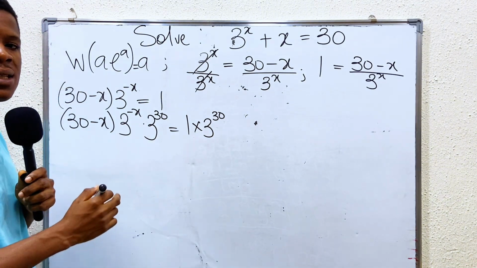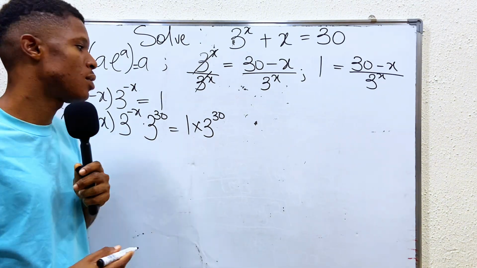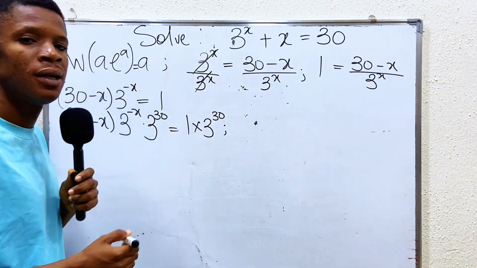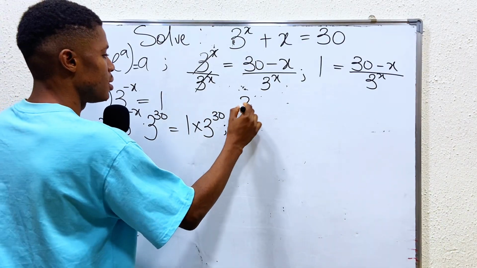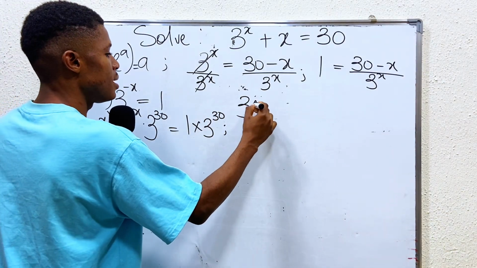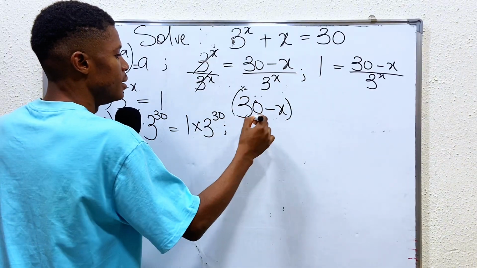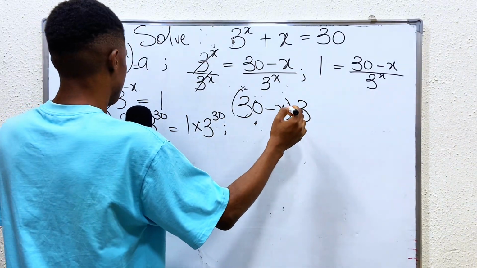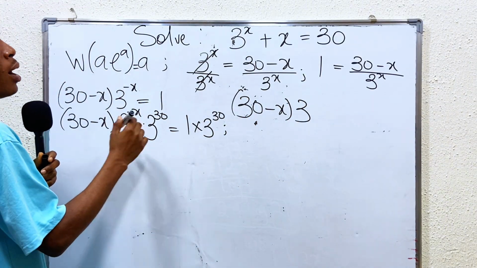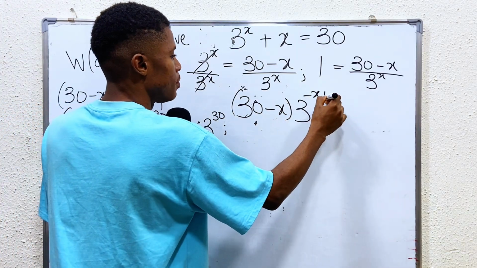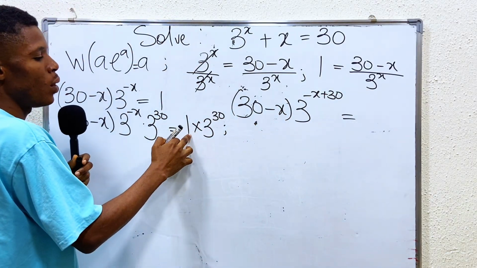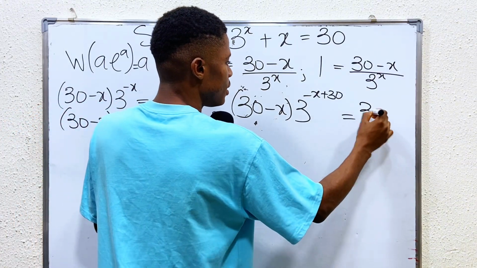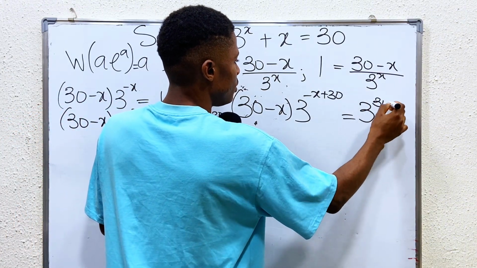Whatever you do to the left hand side, you should also do to the right hand side. And this will give us 30 minus x, then 3 power minus x plus 30 is equal to 1 times 3 power 30, which is basically 3 power 30.